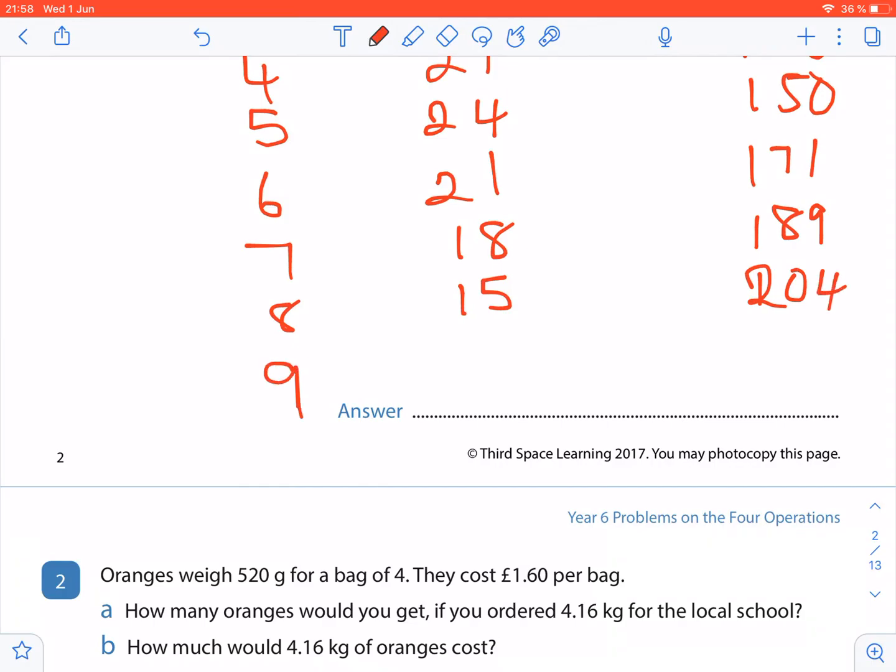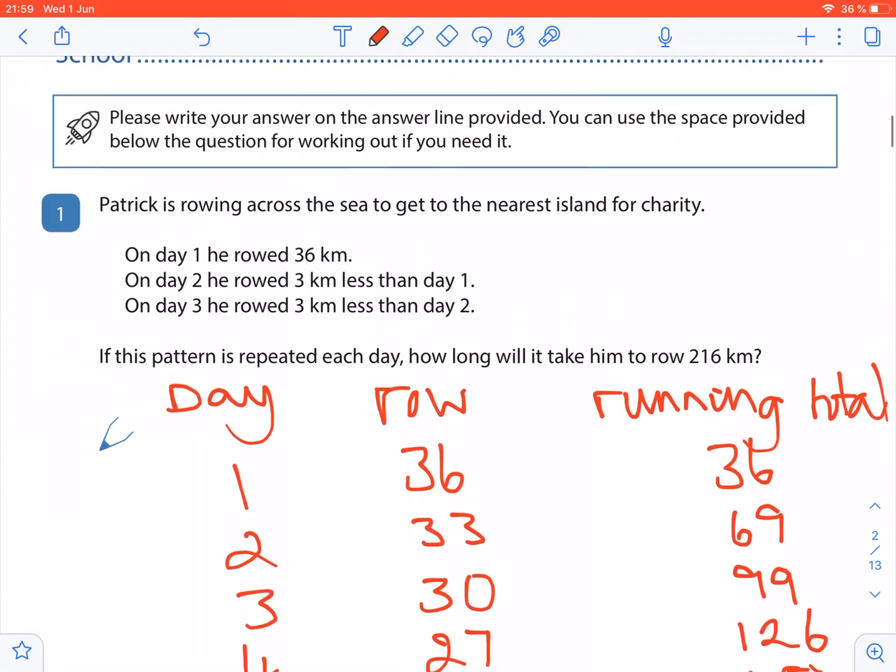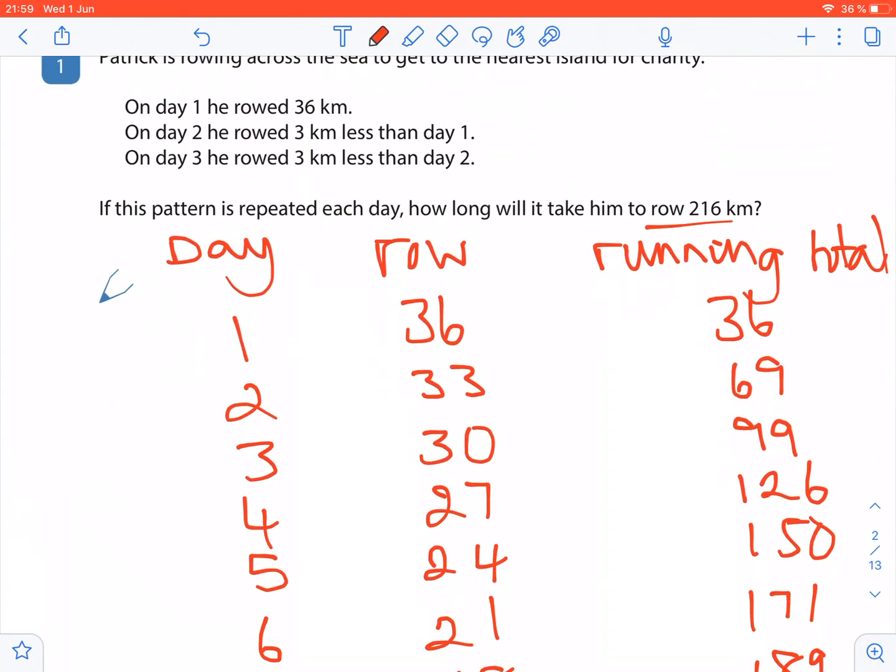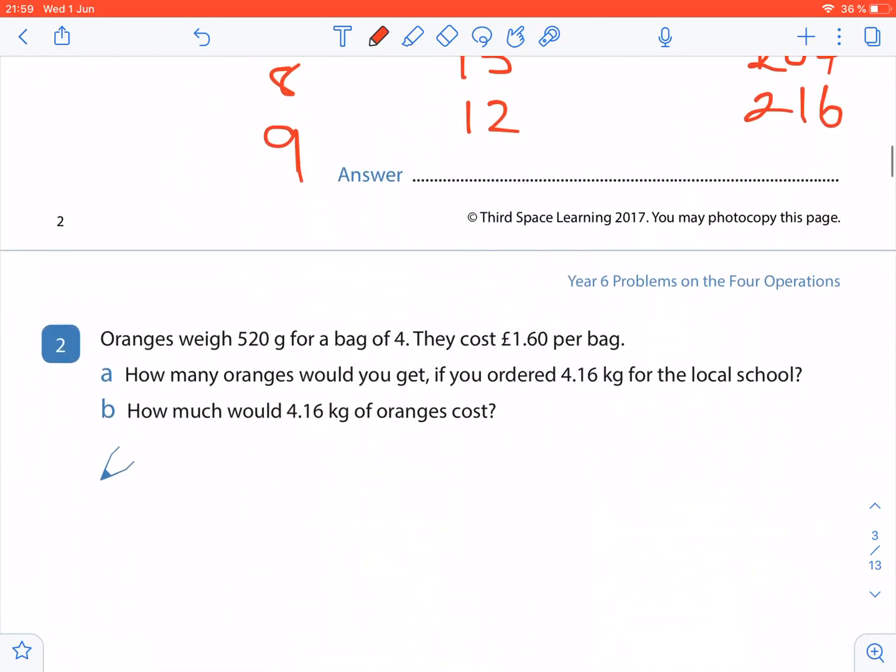And then day 9 he rows 3 less, which is 12, and that gives 216. So yeah, how long does it take to row 216 kilometres? It takes him 9 days.